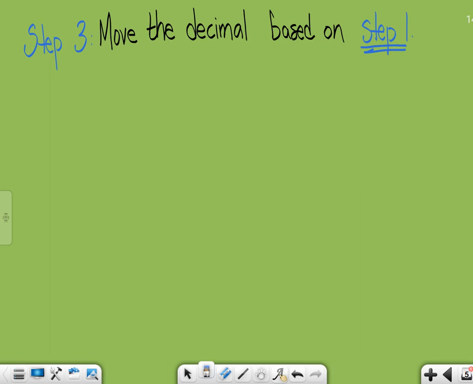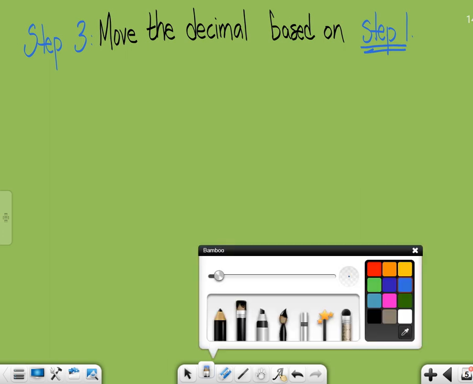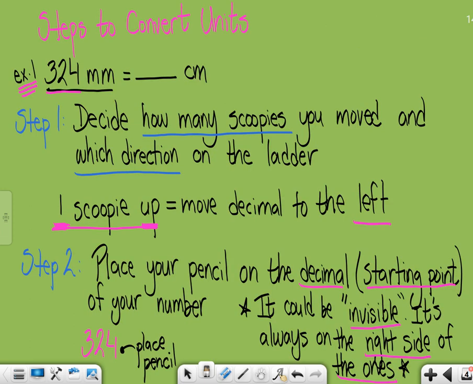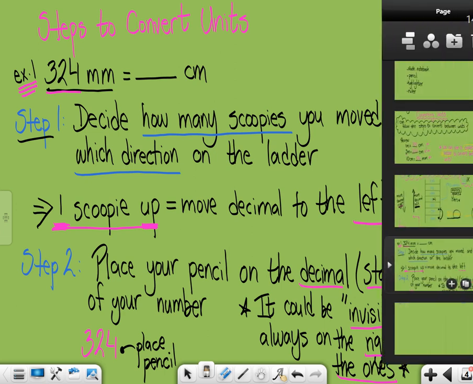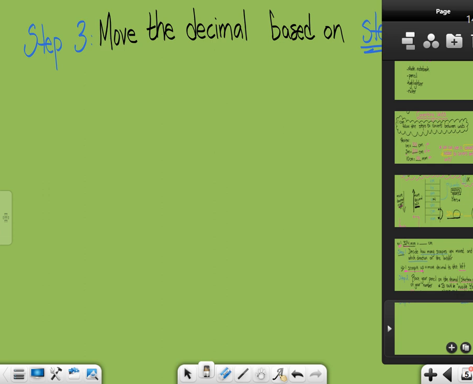So whatever we decided in step 1, that's what we're doing. So we're going to move based on step 1. Let's go back and see what we decided on step 1. Step 1, we had said we need to go 1 Scoopie up. We had decided we need to move the decimal to the left. So let's go back, and I'll do it over here.